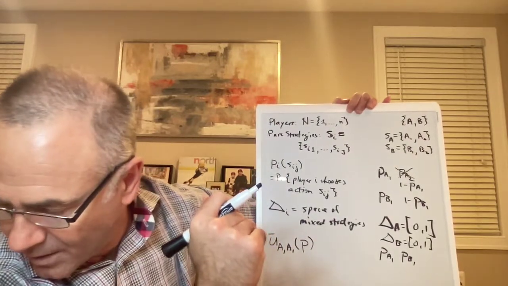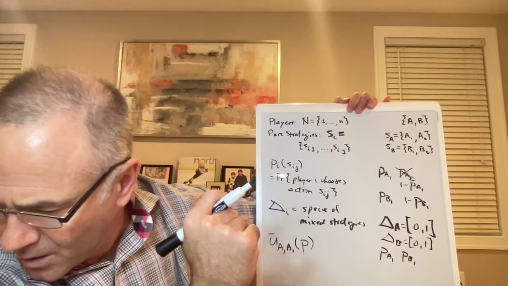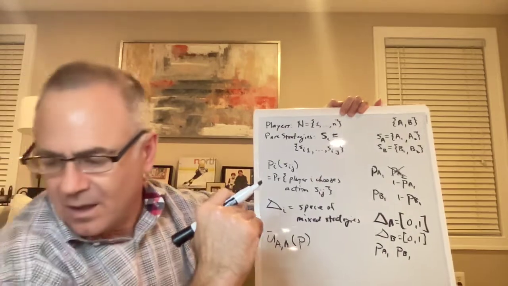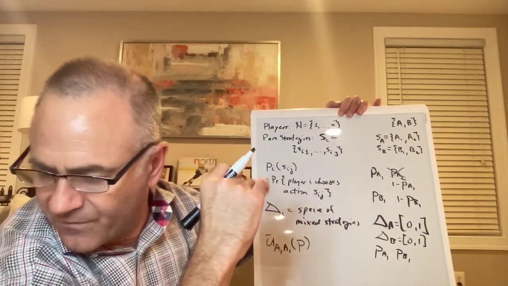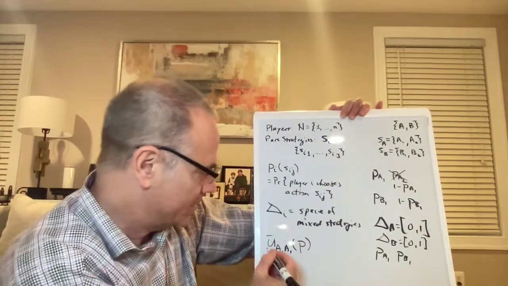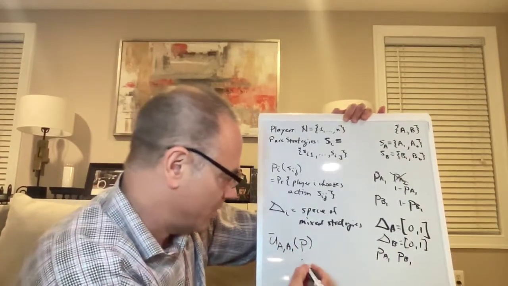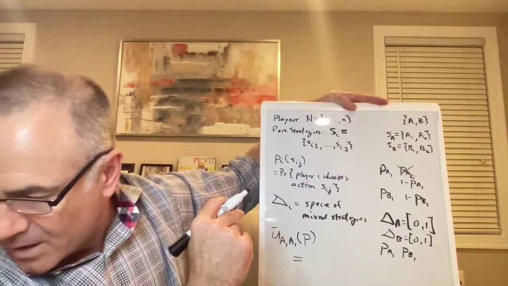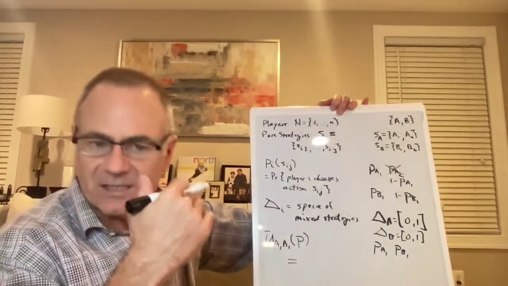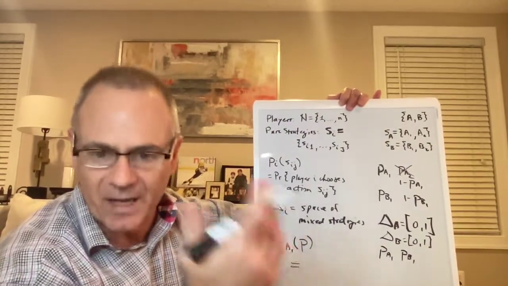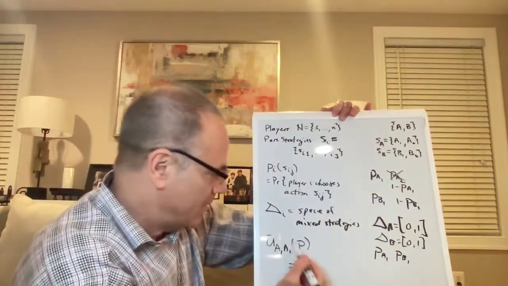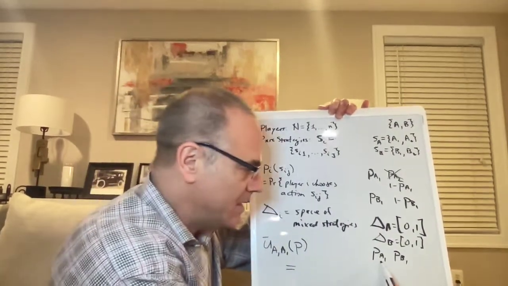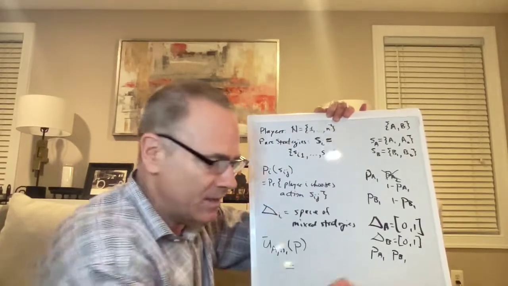Now, for the Ox game, this U bar A1 of P is just defined to be the expected payoff, the expected utility if A plays A1 and B mixes according to PB1.